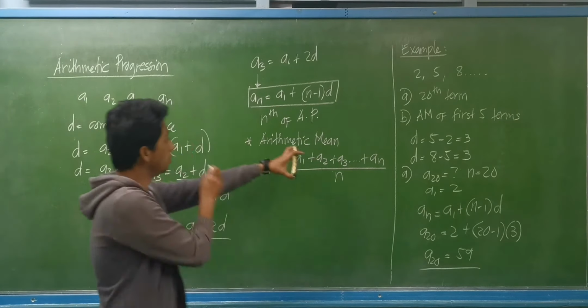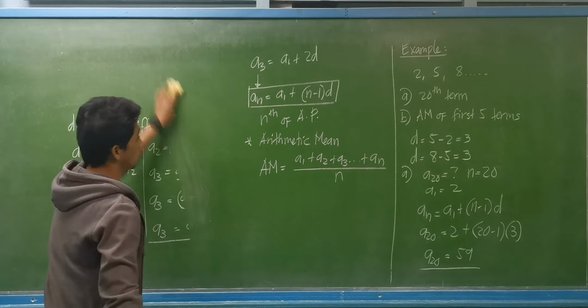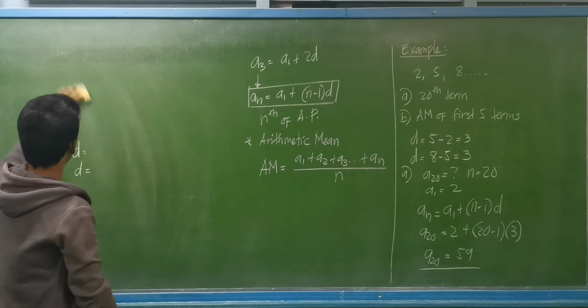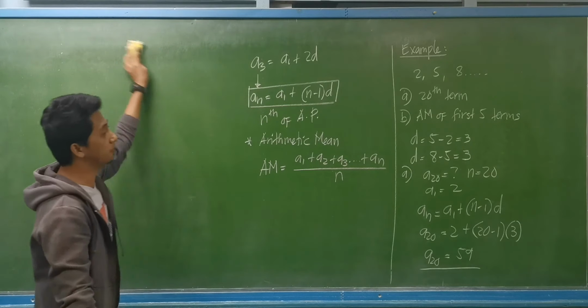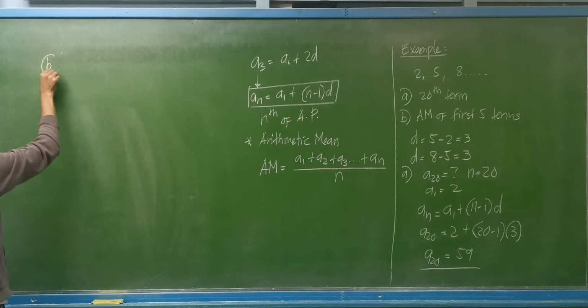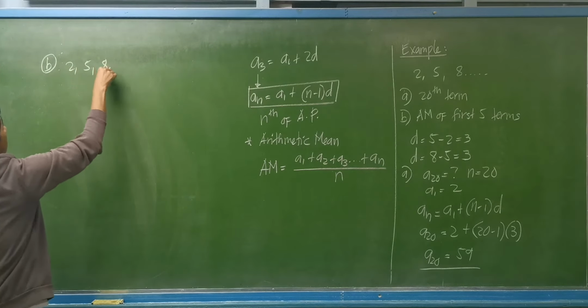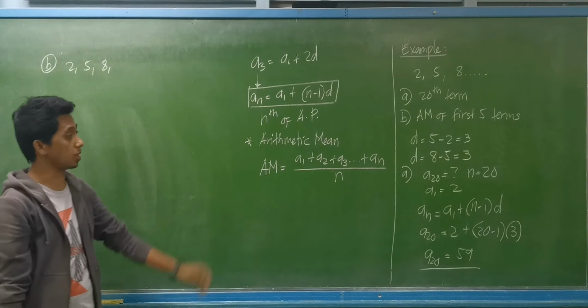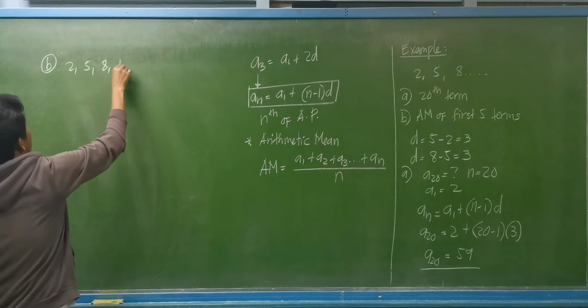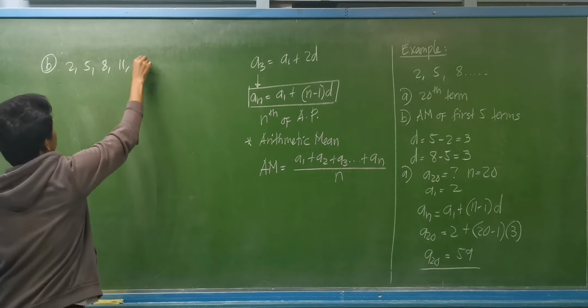And for the second requirement, letter B, we are looking for the arithmetic mean of the first 5 terms. What are the terms? We have 2, 5, 8. As you can see, our common difference is 3. So 3 plus 8 is 11, and 11 plus 3 is 14.